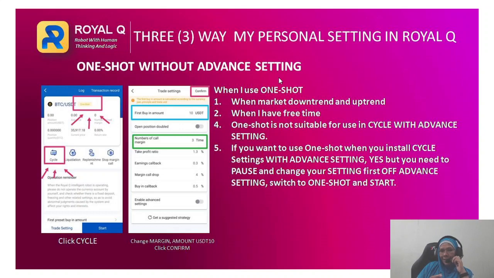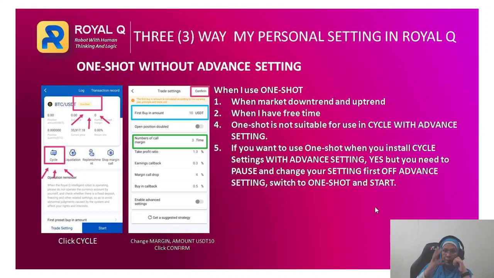So that is why in RoyalQ, they say robot with human thinking and logic. Remember this, robot with human thinking and logic. So you must make yourself very creative to use this robot to make profit for you.